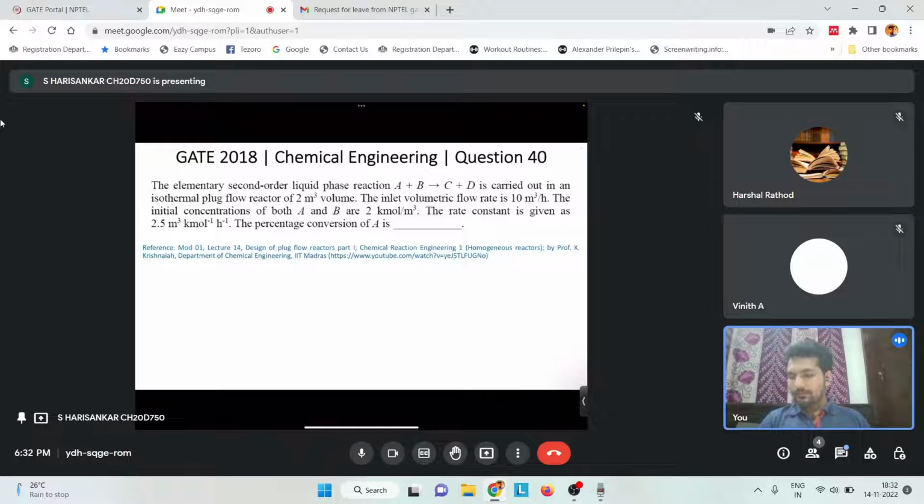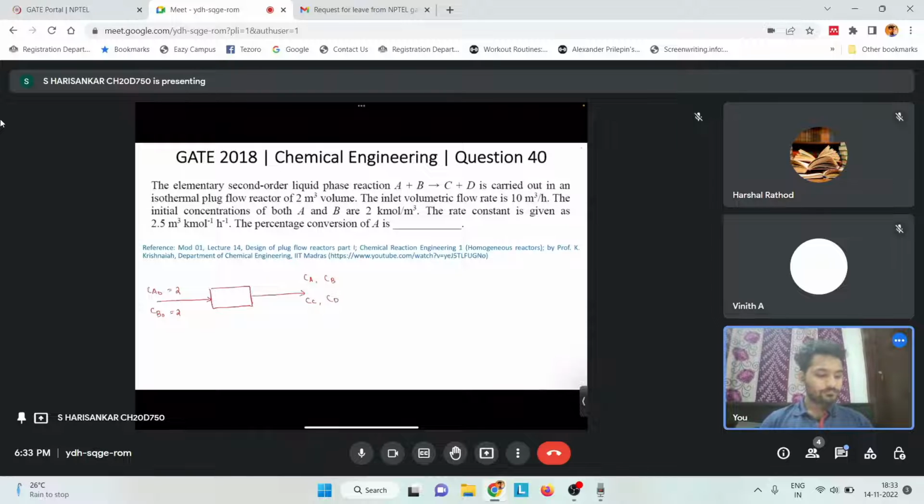So here in this question, let us first represent the data given to us. We have a PFR, and inside the PFR there are two reactants, A and B, with initial concentrations CA0 equal to 2 and CB0 equal to 2. The outlet will consist of CA, CB, and the products CC and CD.